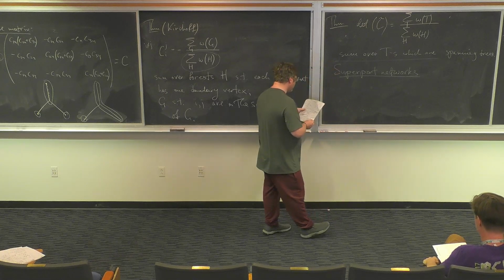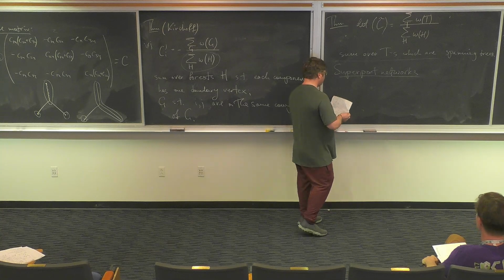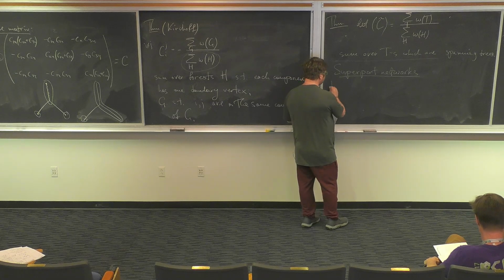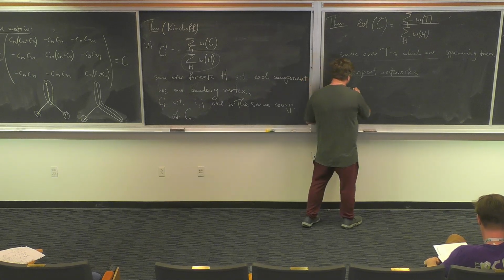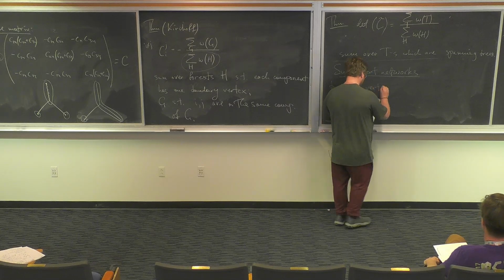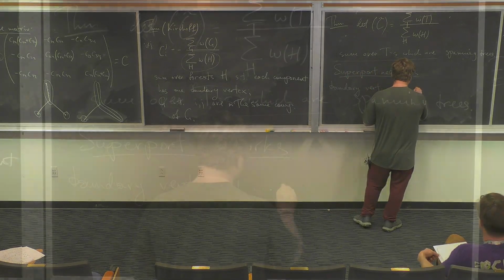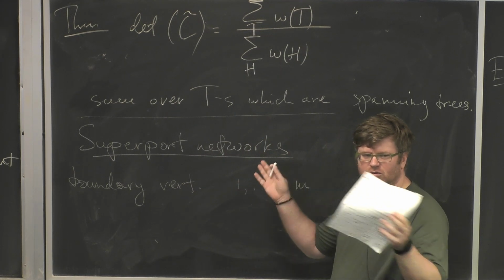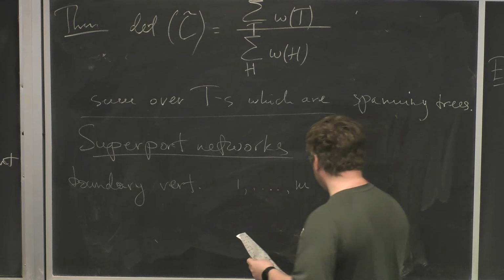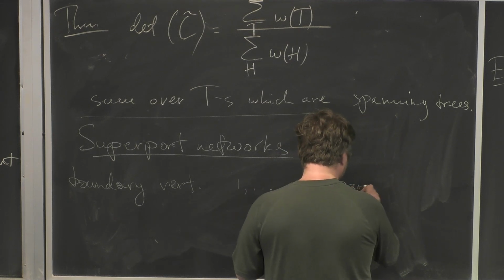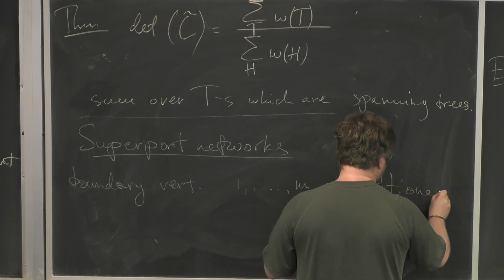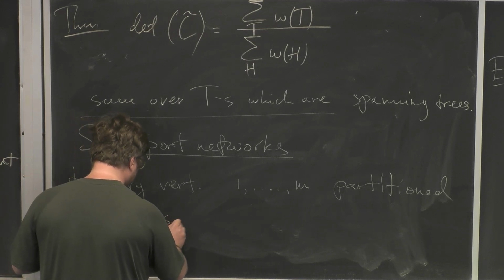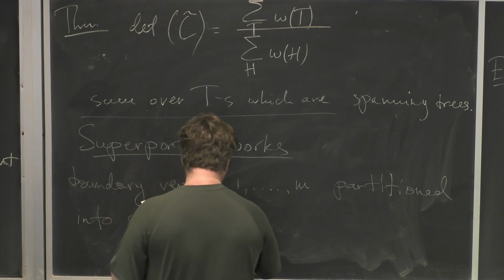So the superport networks setup is very similar. The only difference is that boundary vertices one through m are partitioned into some subsets A1 through AP.